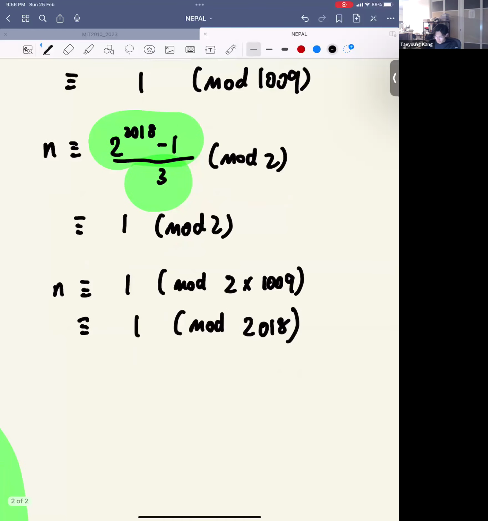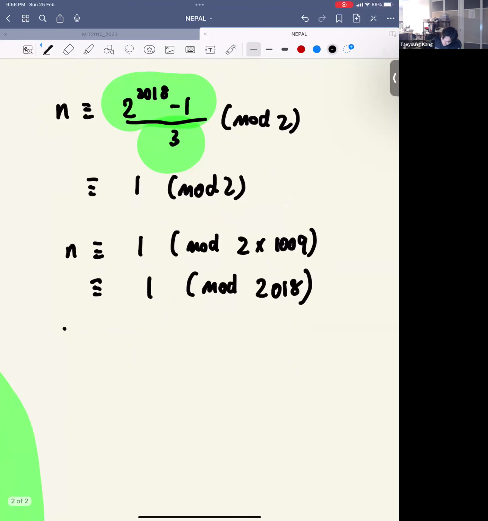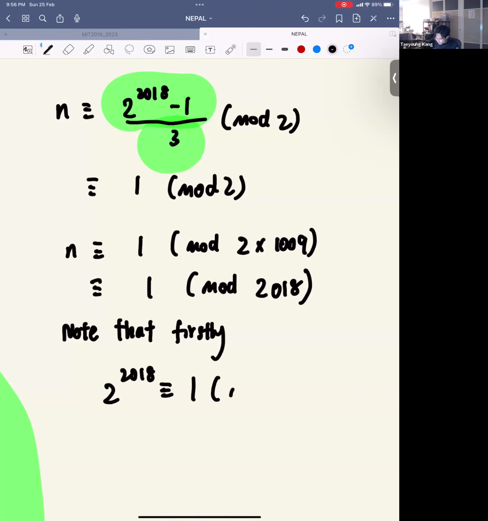We notice, firstly, that 2 to the power of 2018 is congruent to 1 mod n. Do you guys agree with this?